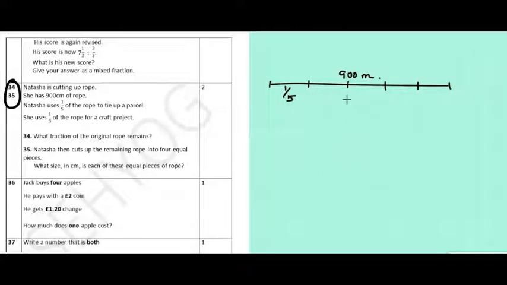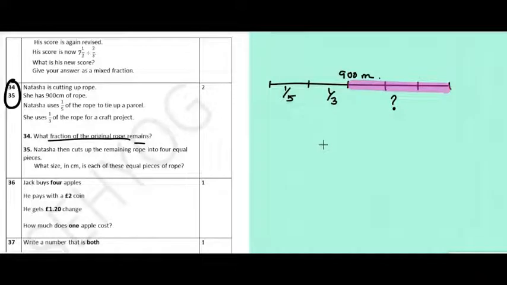She uses 1/3 of the rope for a craft project. What fraction of the original rope remains? So what fraction is remaining? We have to find out this remaining portion.